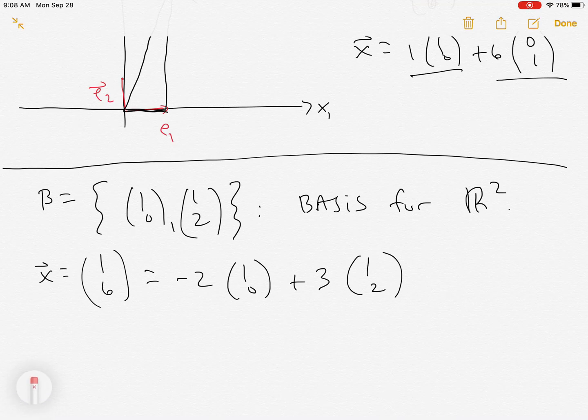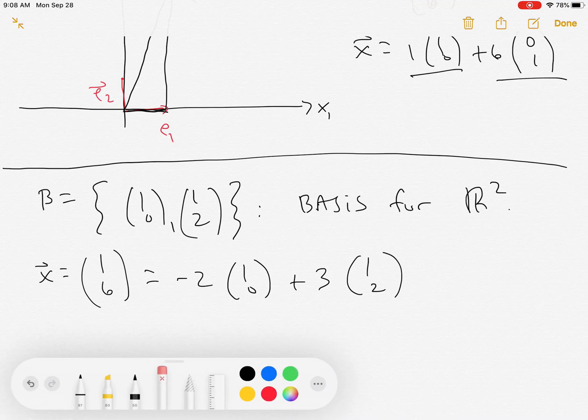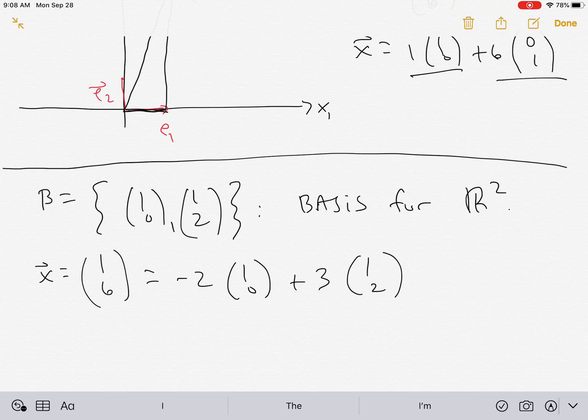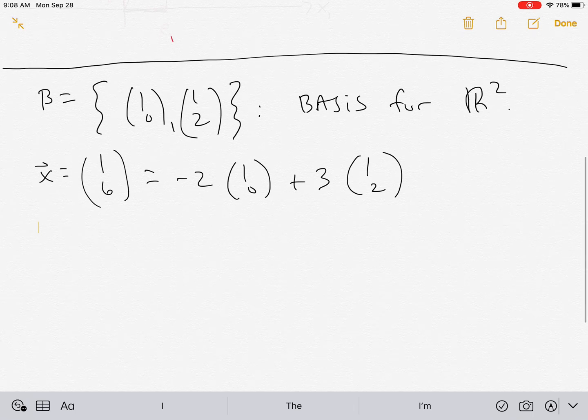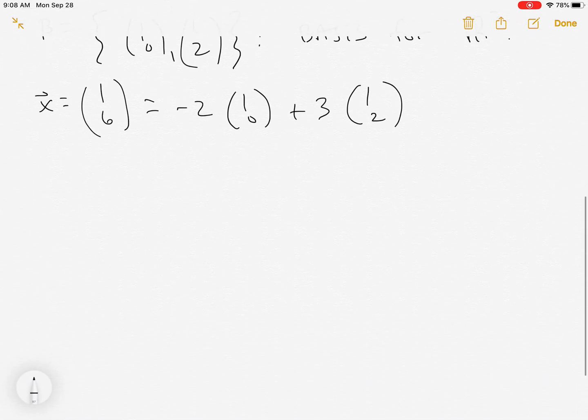Let me check this, right? So minus 2 plus 3 is 1. 0 plus 6, yes. So now I can write this as a linear combination of these 2 vectors. And the minus 2 and the 3 are unique, but the vectors themselves forming the basis are not.